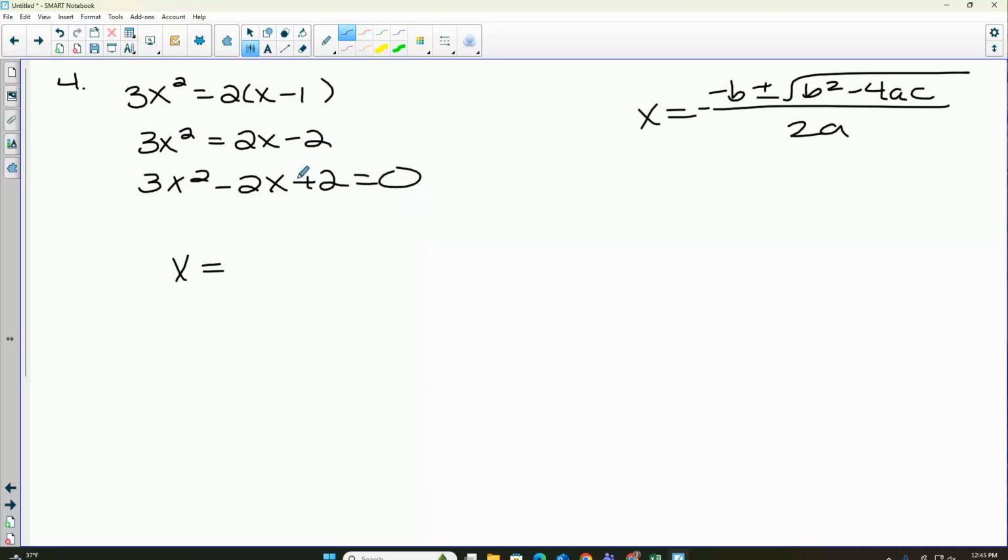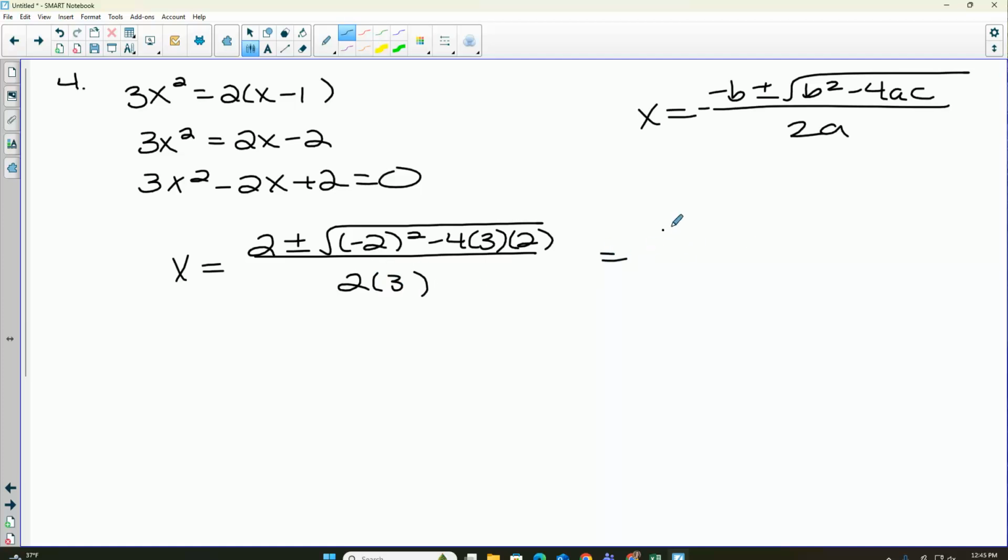So the opposite of -2 is positive 2, plus or minus the square root of -2 squared minus 4 times 3 times 2, over 2 times 3. So we get 4 minus 24.